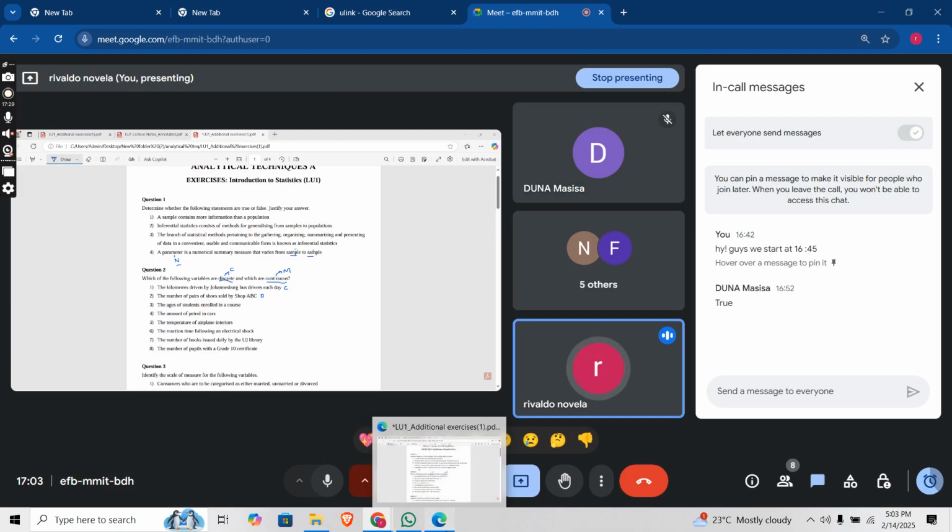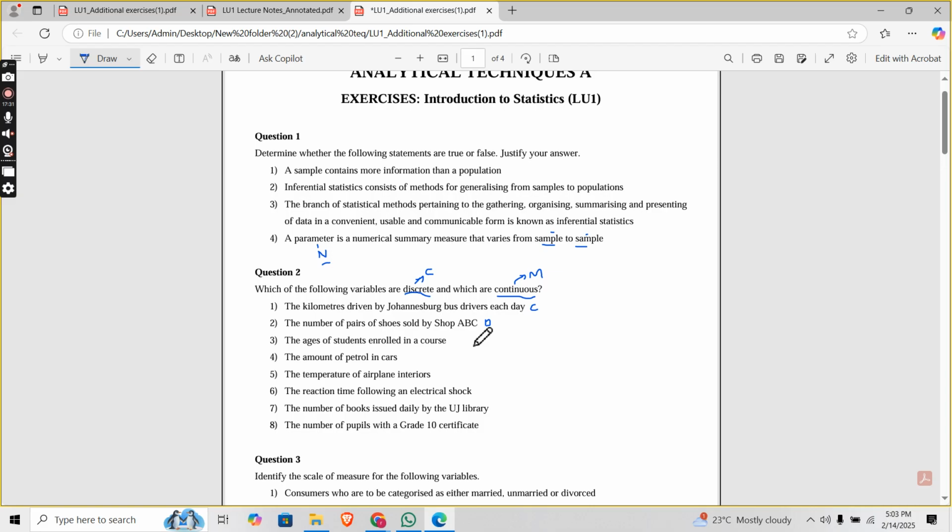Okay, so the answer for number 3 is continuous. Why?